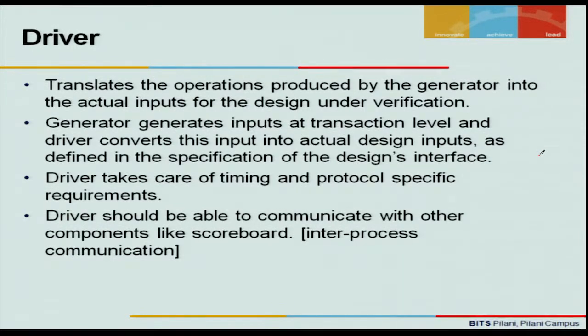There are certain timings related to inputs: input A should come, and after so many cycles input B should come. Those timing relationships exist at the input side, and all these timing and protocol related things are taken care of by the driver.